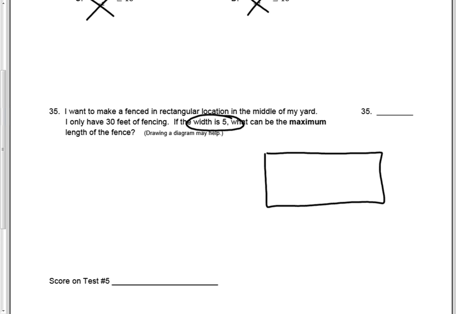What's the width? 5. Some of you got so used to doing variables, you put in a variable. They're telling you it is 5. And we don't know the length.